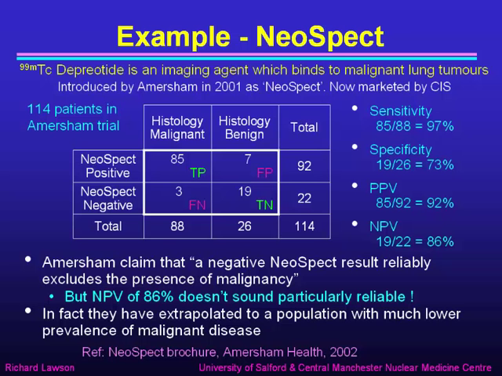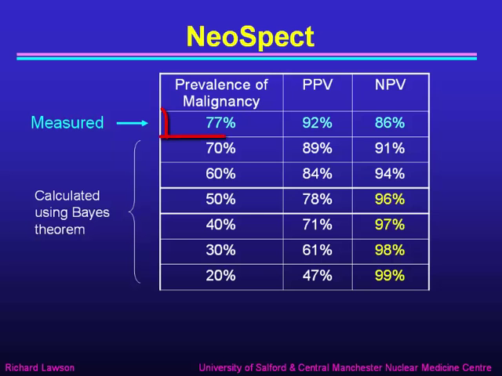Here, in this test population, they had quite a high prevalence. It was actually 77% of the patients in their test study who had malignancy, and that gives the positive predictive value of 92% and the negative predictive value of 86%, which we've just seen.